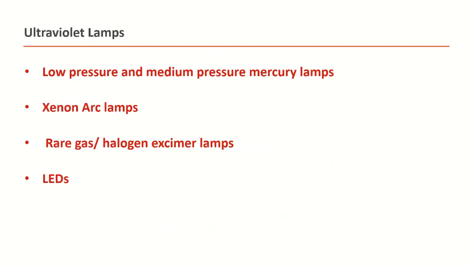Now coming to various types of ultraviolet lamps. You have the most common low pressure mercury vapor lamps and the medium pressure mercury vapor lamps. Then you have the xenon arc lamps, the excimer or rare gas lamps, and you have the UV LEDs.